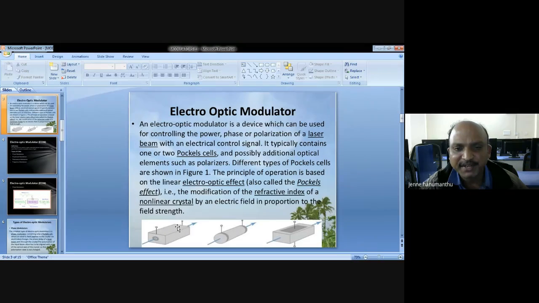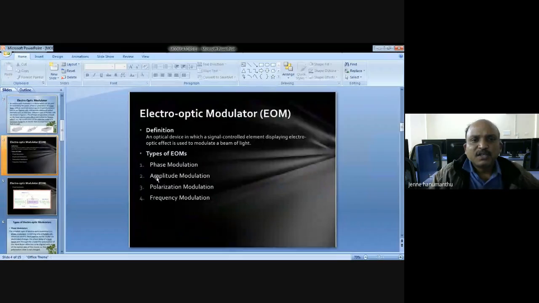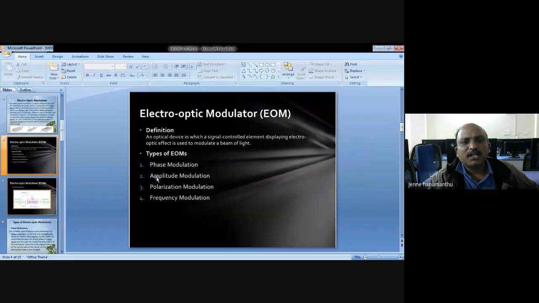These are mirrors, Pockels cells, and this is a rectangular shape, or this may be circular, round shape, or it may be another shape. So any shape of crystal you can use as an electro-optic modulator. And with this electro-optic modulator, we can also change phase, amplitude, polarization, frequency, isn't it?